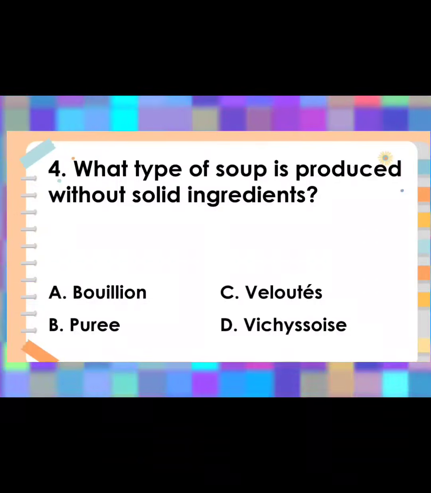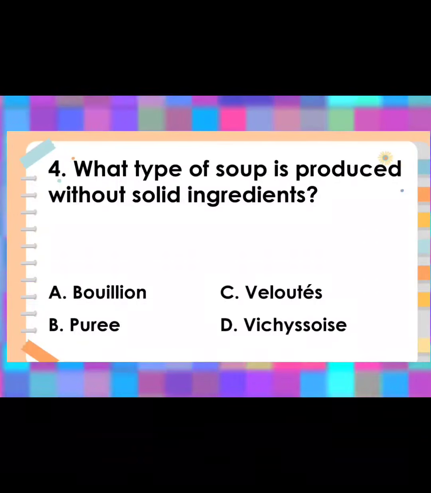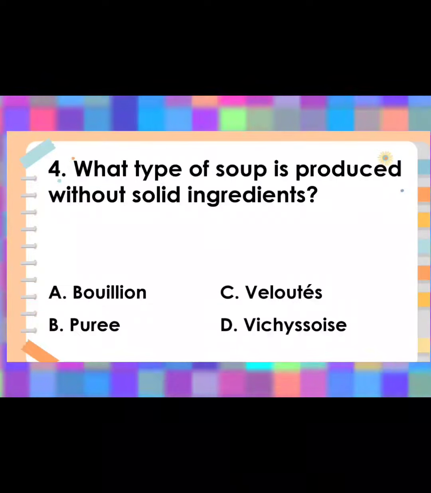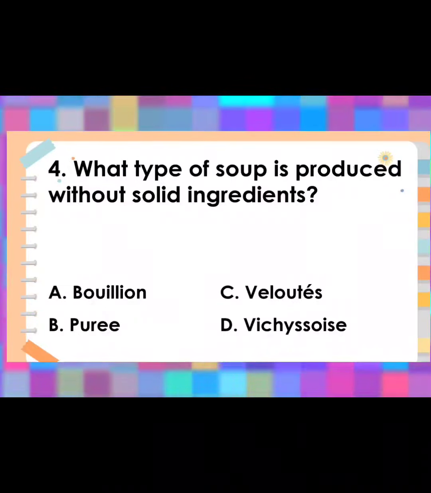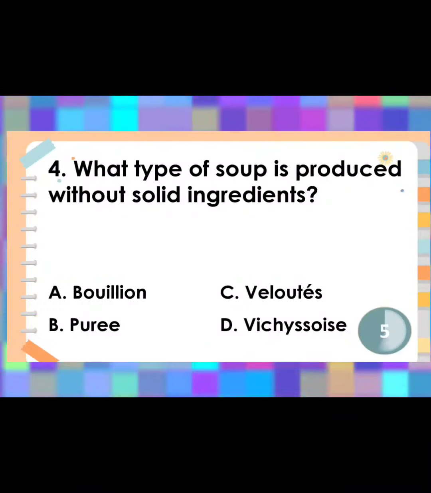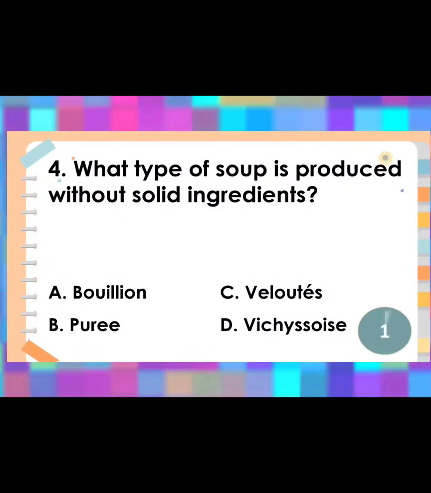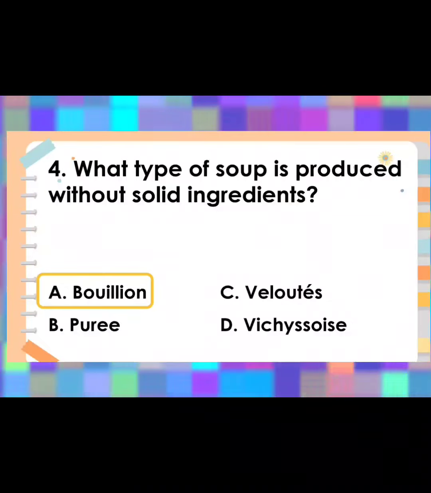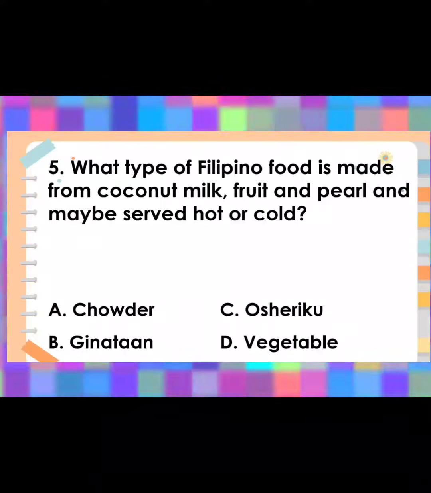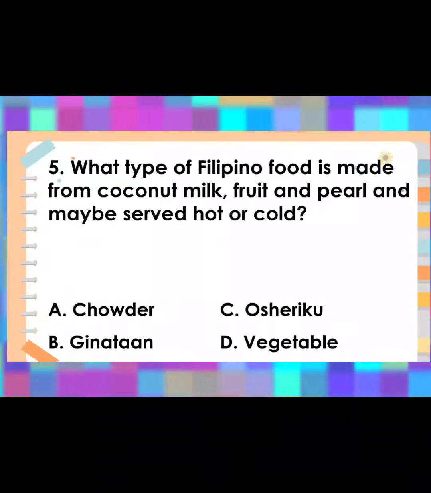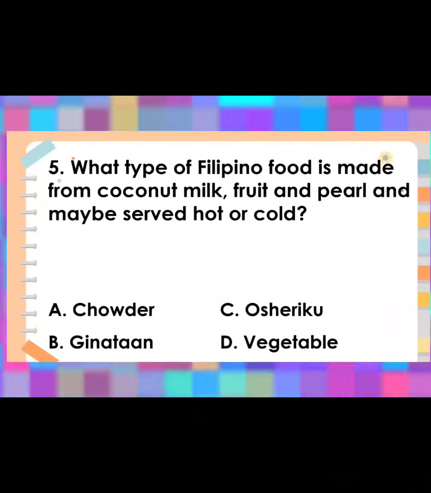Number 4. What type of soup is produced without solid ingredients? A. Bouillon, B. Puree, C. Veloutés, D. Vichyssoise. You are right. Letter A. Bouillon. And the last number is number 5.